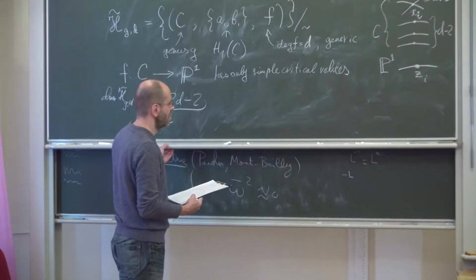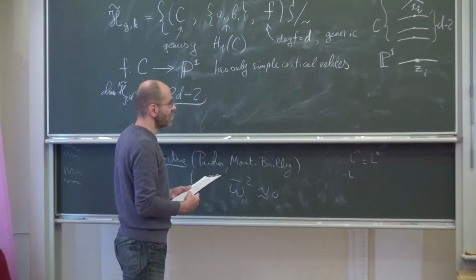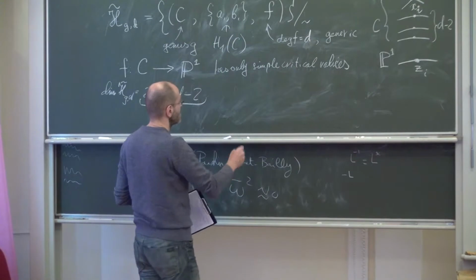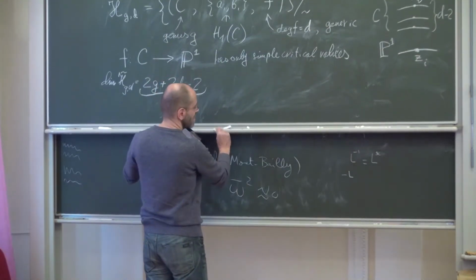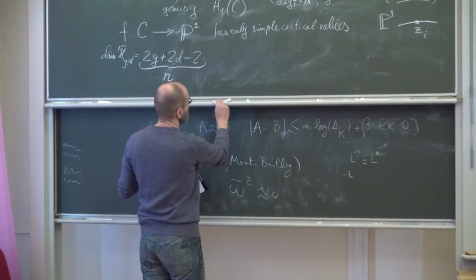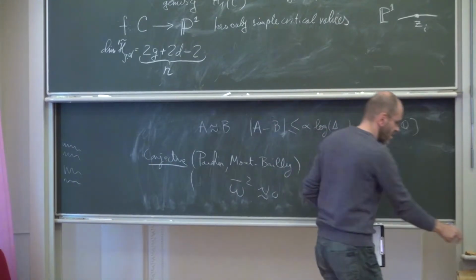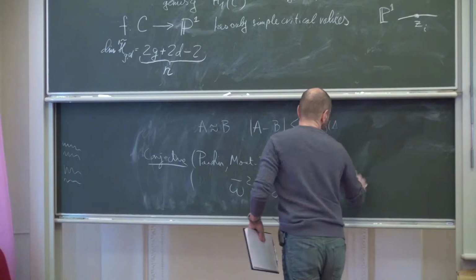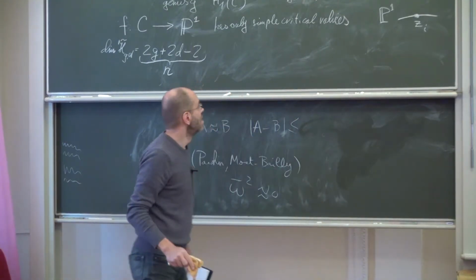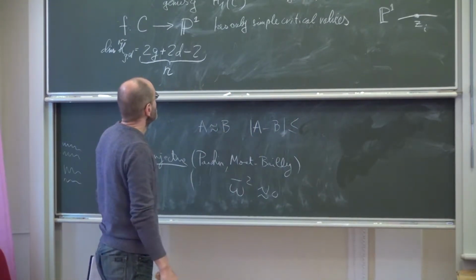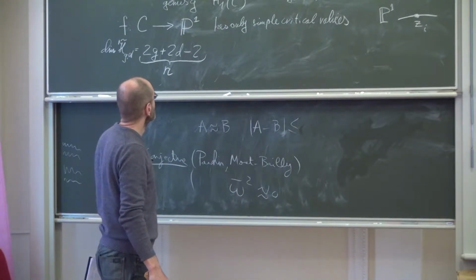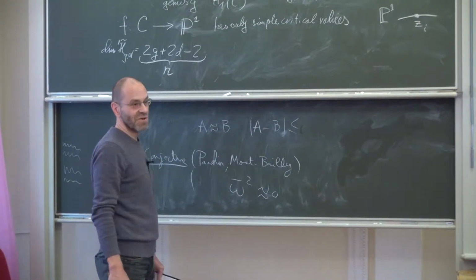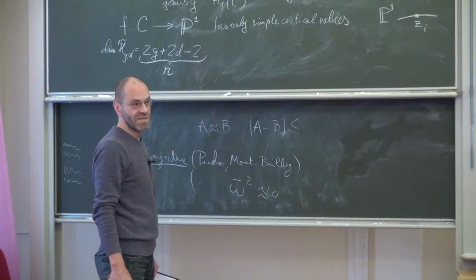And one more important remark. Let me write it on this blackboard. These are the elements of a canonical symplectic basis in the first homology of C, A cycles and B cycles.